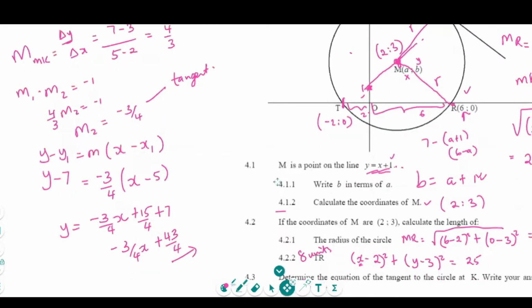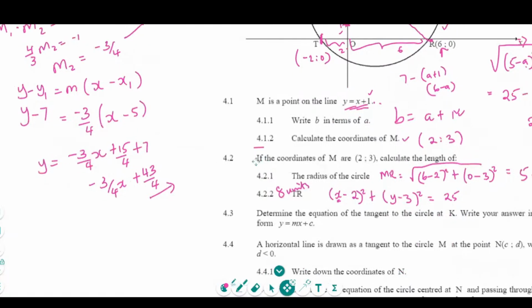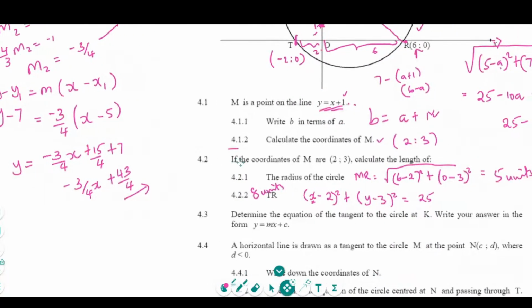We move forward. They're saying that there is a horizontal line drawn as a tangent to the circle at point M, and the point is N, where y is less than 0.